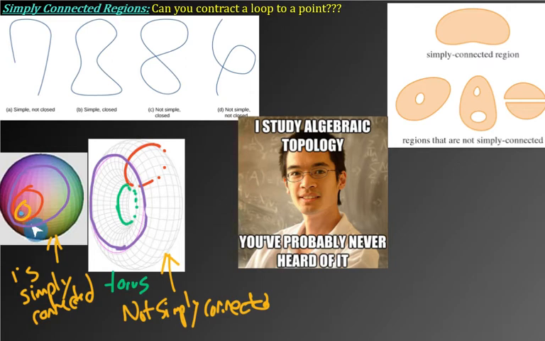So I started with the 3D ones, maybe just because in my head I feel like that's what I studied the most, but you can absolutely talk about all this stuff in 2D or 1D also. So, in 2D, if you just drew something like that and shaded it in, anything like that would be simply connected, okay?